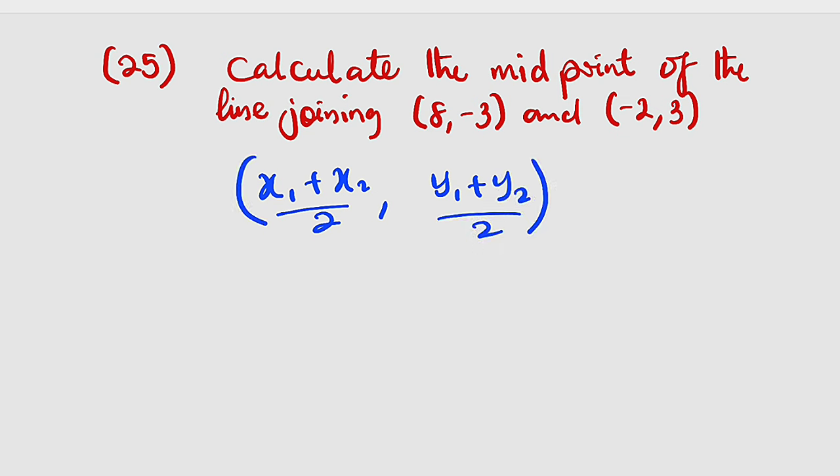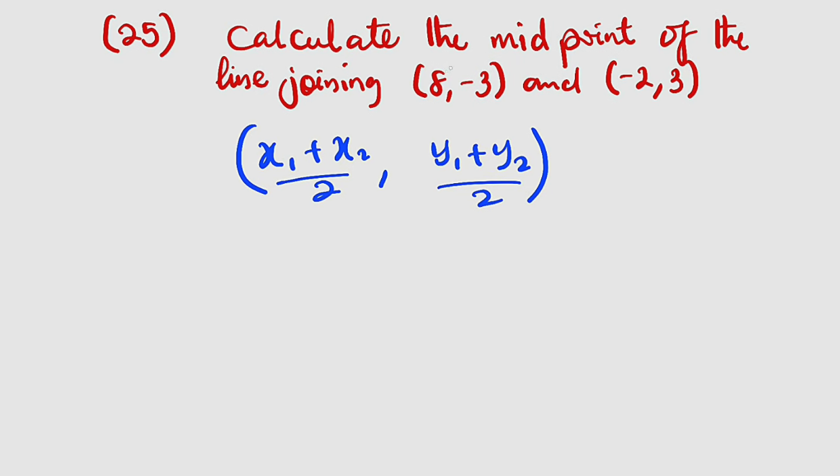This will be the midpoint connecting these two points. So if we consider this one as x1, this will be x2. So let's add them together. We have 8 plus negative 2, which is just 8 minus 2, divided by 2. Then this will be y1, this is y2. We have negative 3 plus 3 divided by 2.